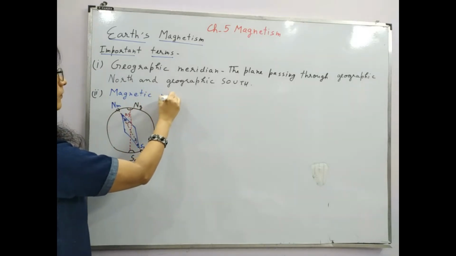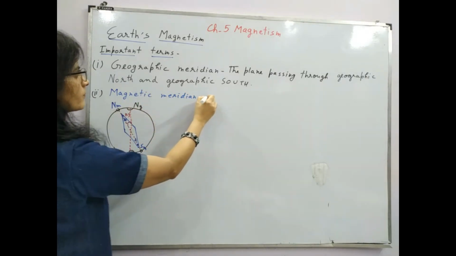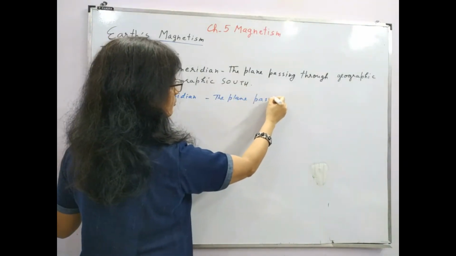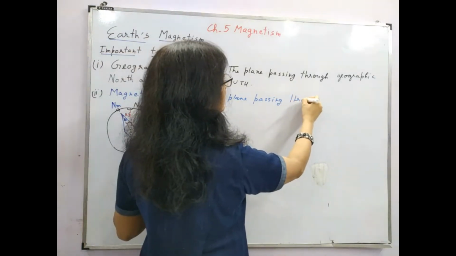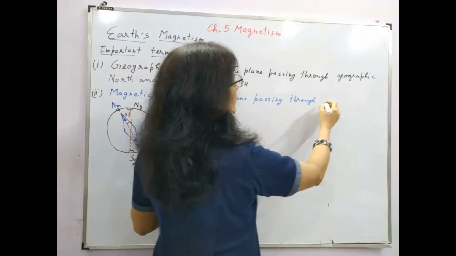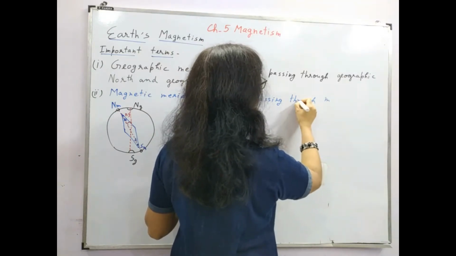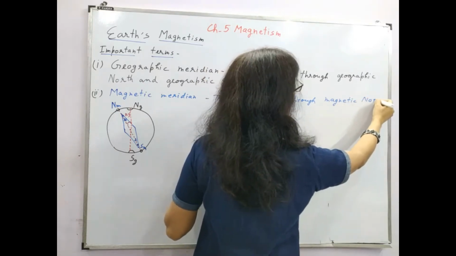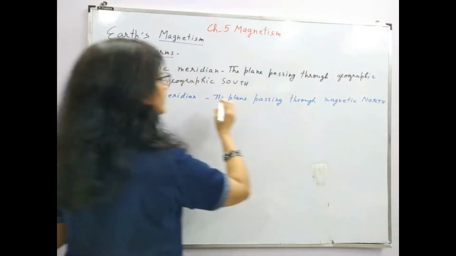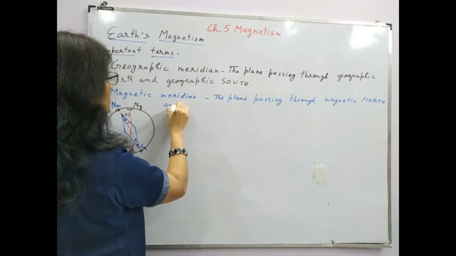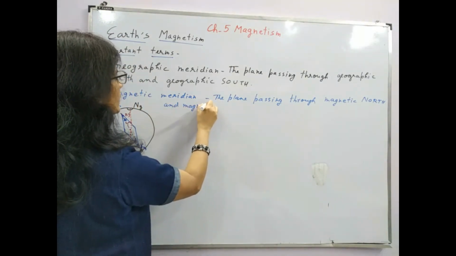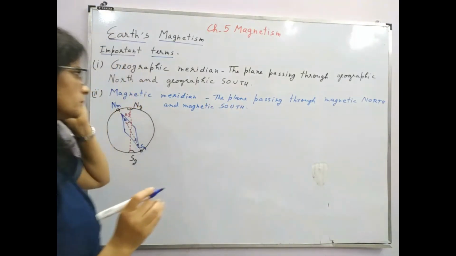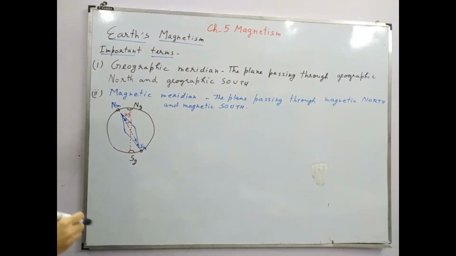Magnetic meridian. This is the plane passing through magnetic north and magnetic south, and it is called the magnetic meridian.